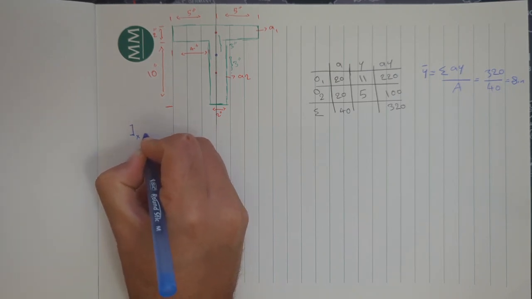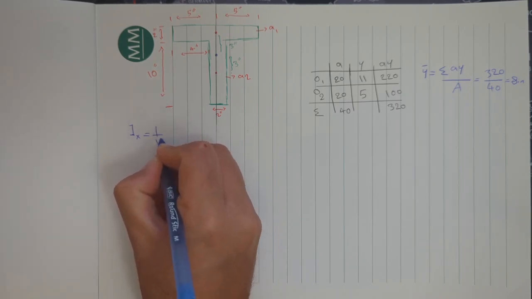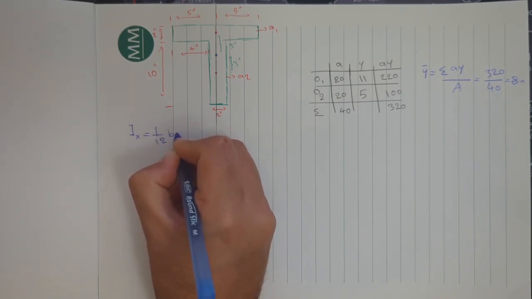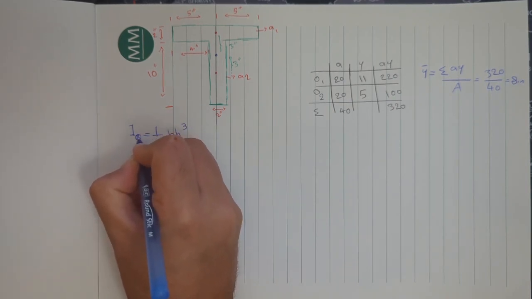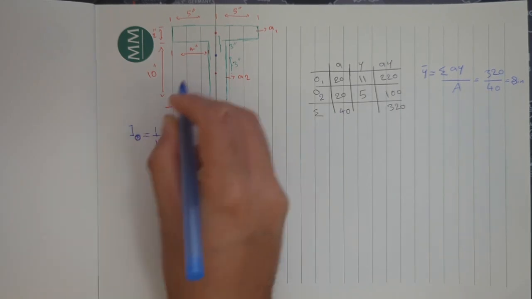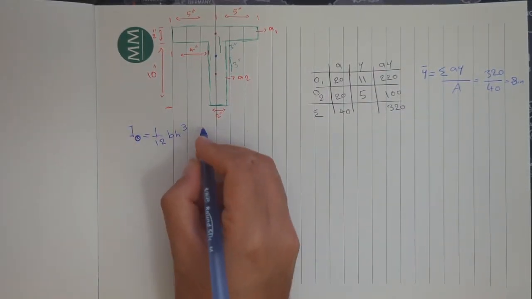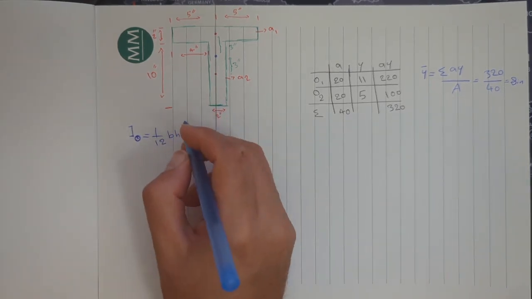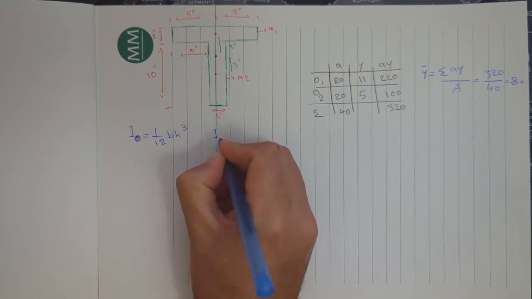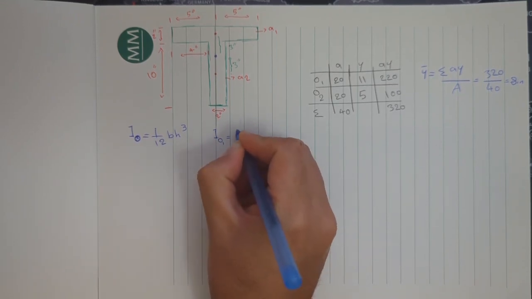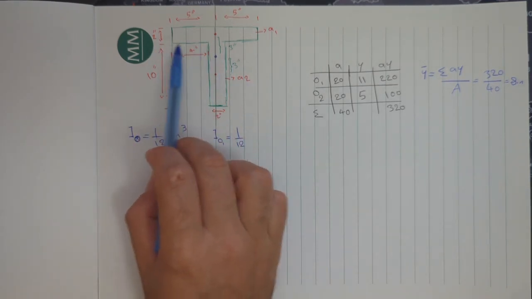So Ix equals 1/12 of BH cubed. Sorry, I want to know what's the I for each object, not Ix, I of the objects. So for object number 1, Io1, which is 1/12 of, what is the base?